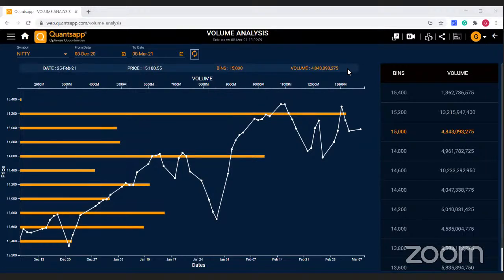Okay, Mr. Ranjan, can you explain the meaning of bin again? Okay. So bin levels: when we draw a histogram chart, what does the histogram do? It takes certain levels. So say this bar is 15,200. It's not standalone 15,200.